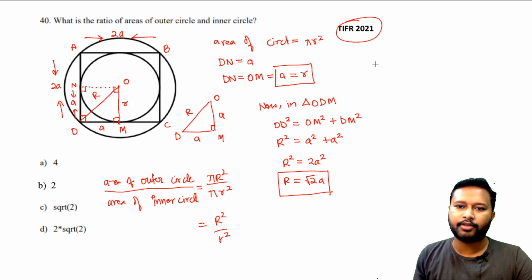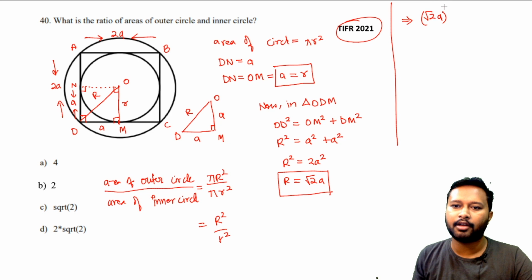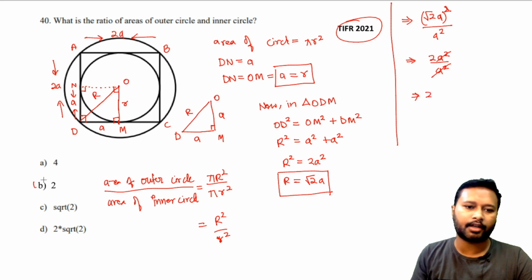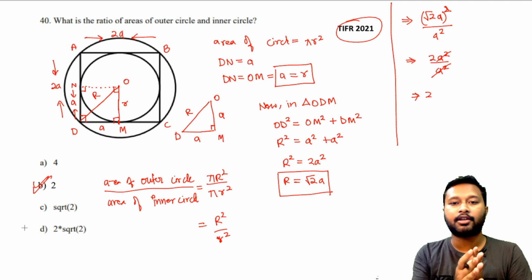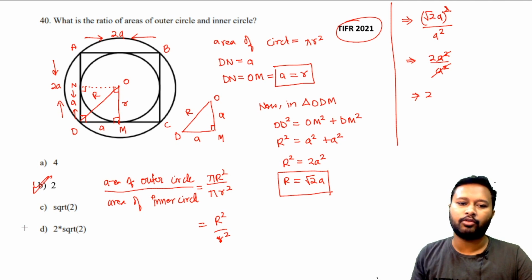Let's substitute the values: capital R square will be root 2A whole square, or you can directly substitute the value of R square from here, divided by small r, and small r is equal to A, so that is A square. Solve this, and you will get 2A square divided by A square, which makes the answer 2. We have got 2 as the correct answer. So the ratio of areas of the two circles, outer and inner, is equal to 2.